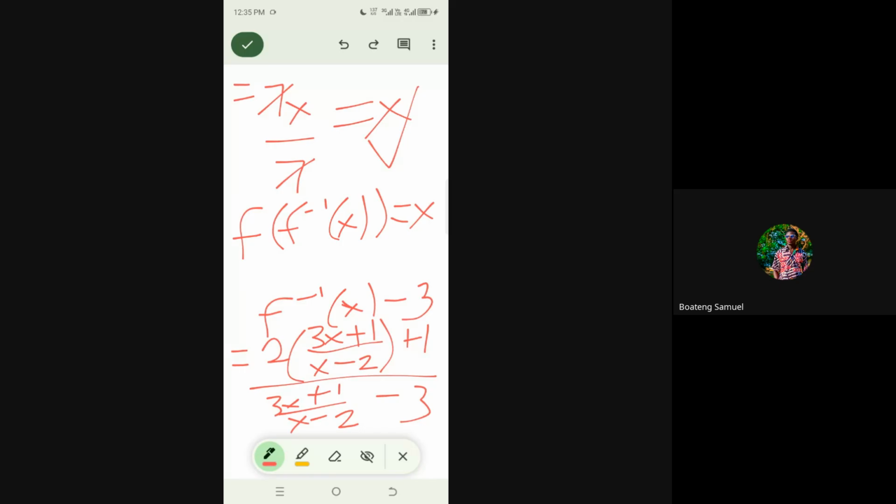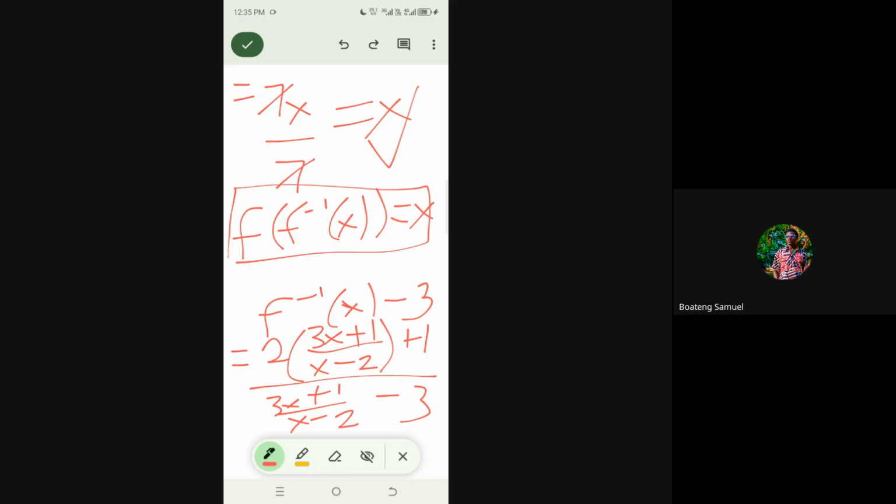We use this to check whether the function and the inverse are correct. If you solve and you don't get x, you should know that one is not the inverse of the other, so you conclude that it is not.